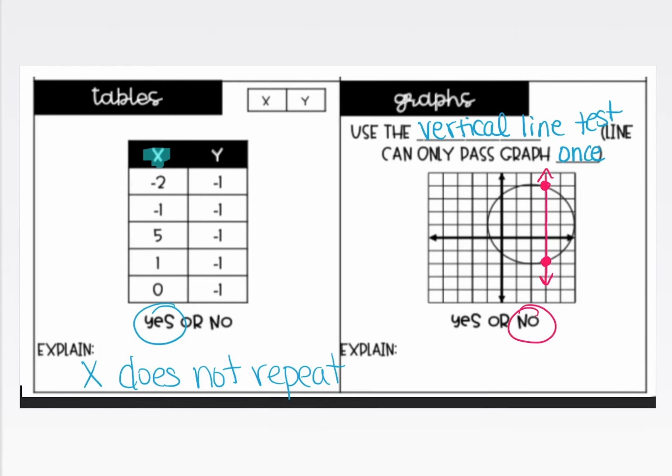Now, some people might say, but I can draw a line on this side of the graph and it only touches this point once. However, because there is another vertical line that you can draw through the graph and it touches the graph more than once, it is not a function. So in this case, we would say it fails the vertical line test.